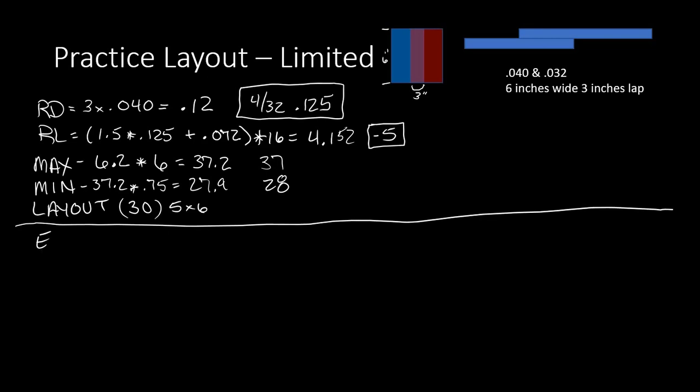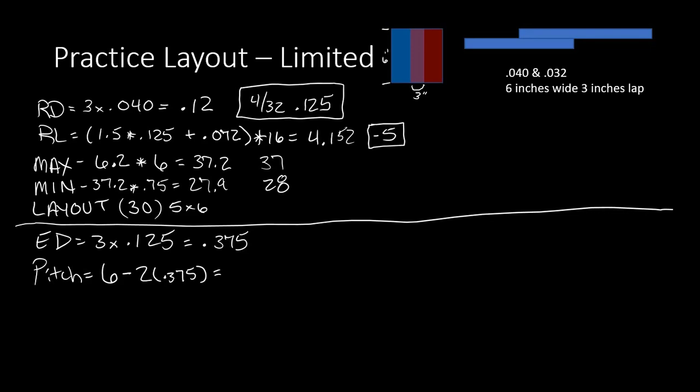And I'm going to start with edge distance. So 3 times my rivet diameter, 0.375 for my edge distance. Pitch, the same as always, I'm going to take that pitch number, the 6 inches, minus 2 edge distances, and get a number.